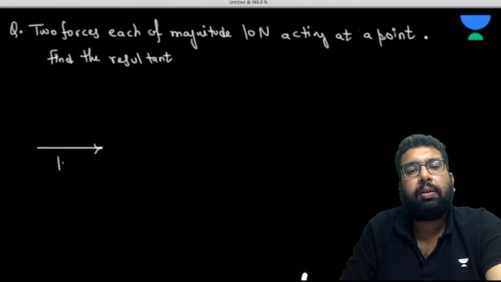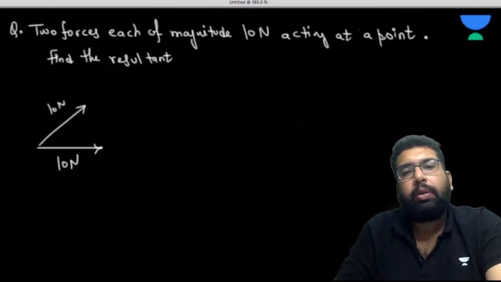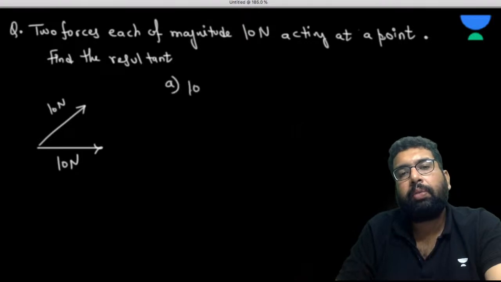So this is 10 Newton, this is 10 Newton. What is going to be the resultant of it? I'll give you some options. It is 10 root 3, 30 degree from horizontal.